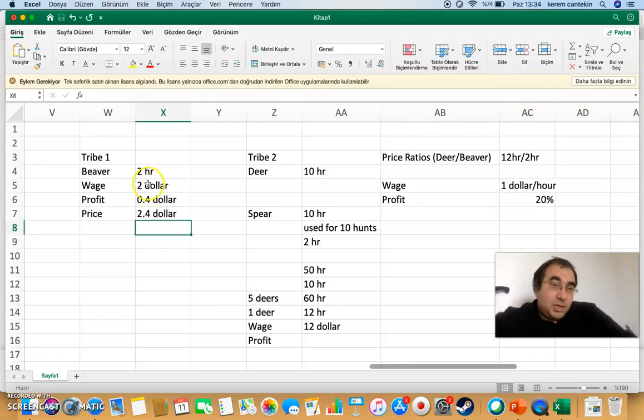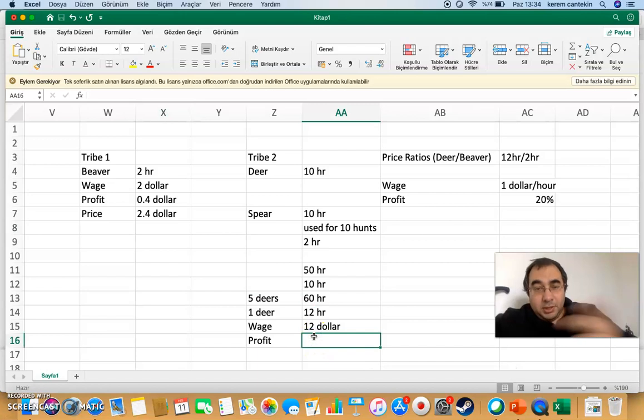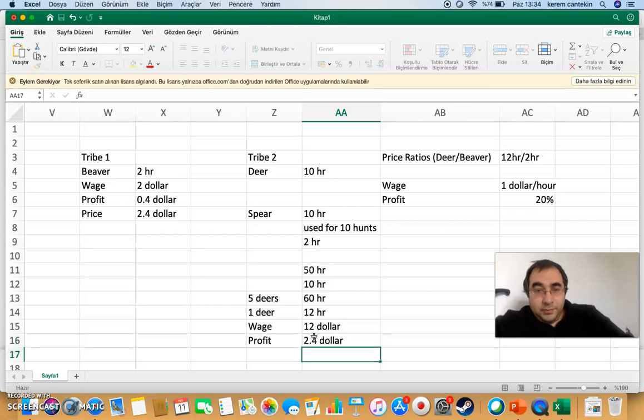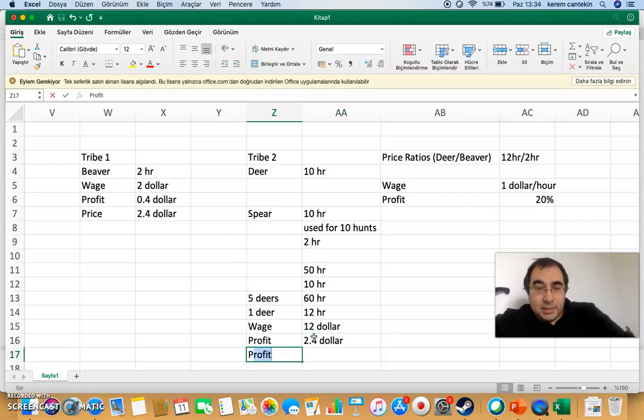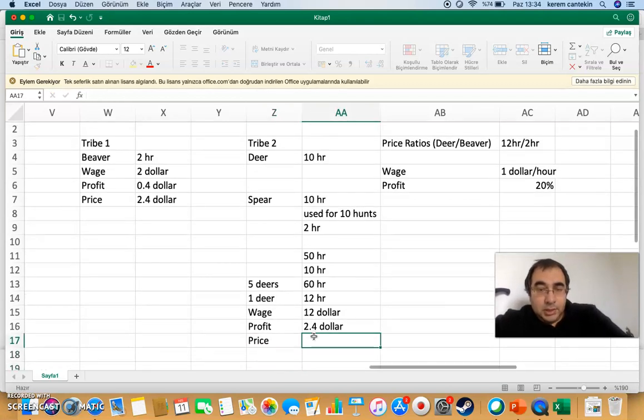It's $2 for the beaver because a worker needs to work for 2 hours to hunt the beaver. Profit is $2.4, and price is $14.4, the sum.